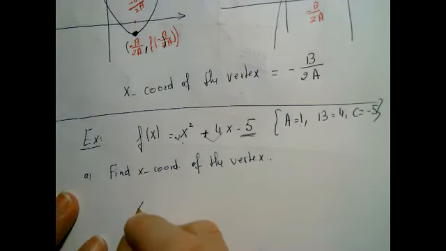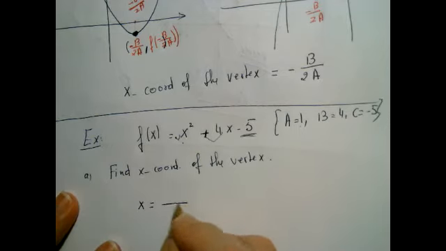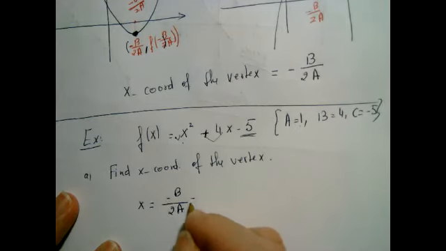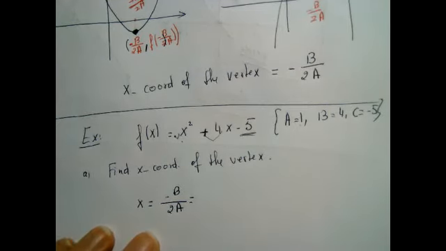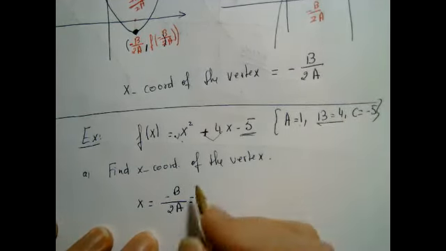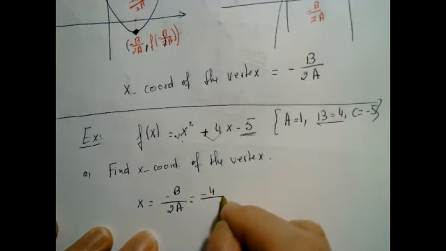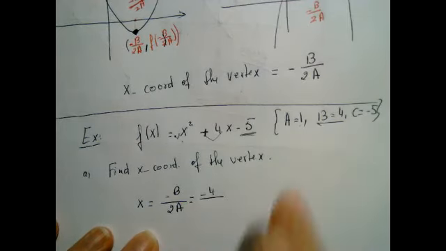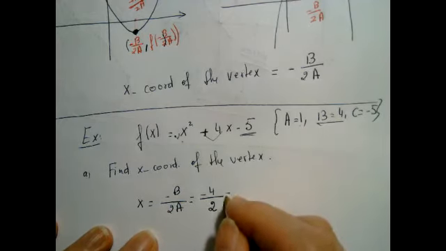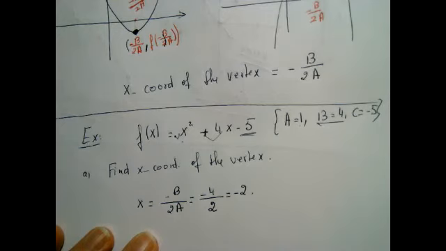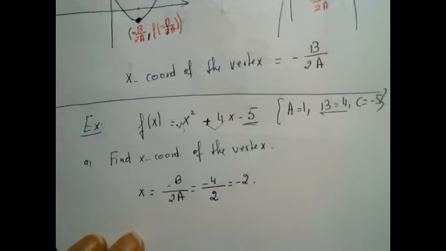What's the x coordinate of the vertex? The formula tells me that's equal to minus b over 2a. Now what is my b here? My b is 4, over 2a, which means 2 times 1. It is minus 2. That's the x coordinate.